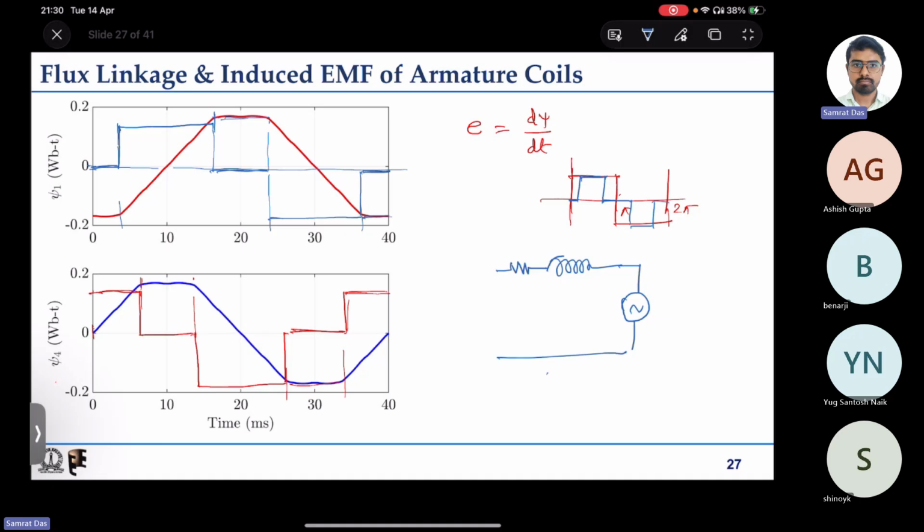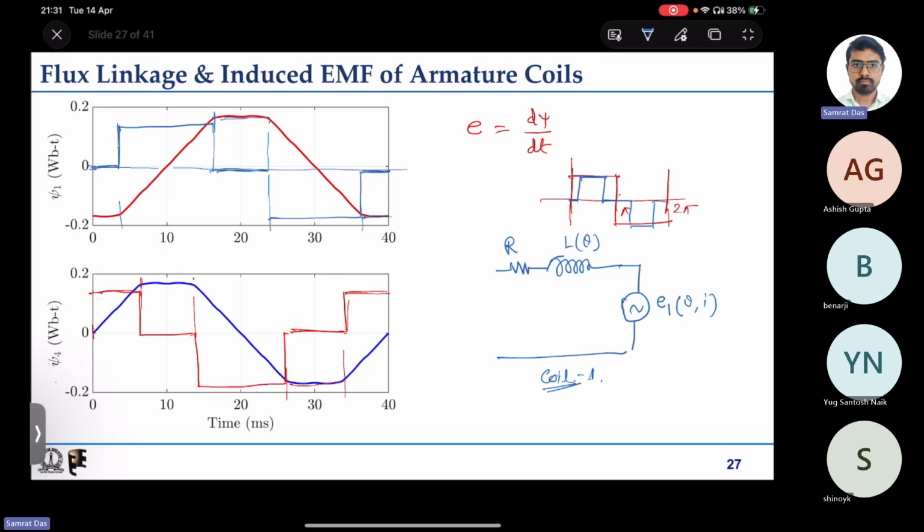So this is the equivalent circuit of coil 1. This resistance is reasonably constant, this inductance depends on the rotor position, and this induced EMF E1 depends on the rotor position as well as current. So this is the equivalent circuit of a coil.